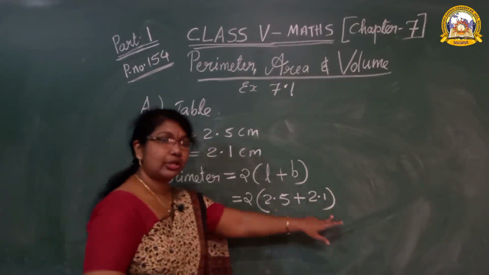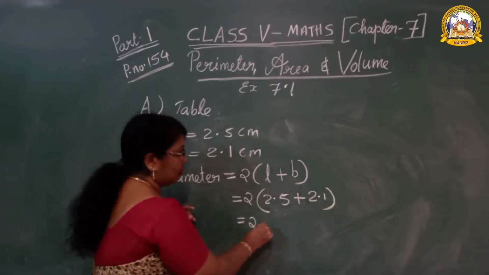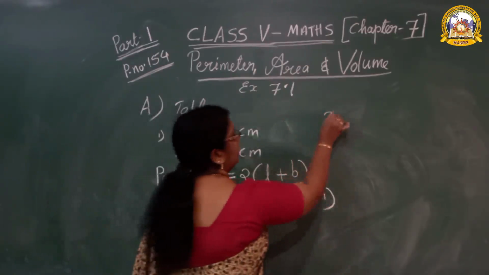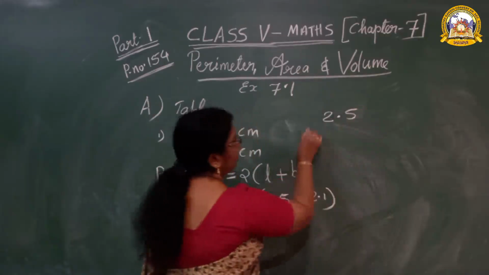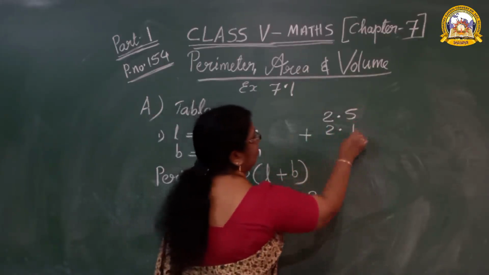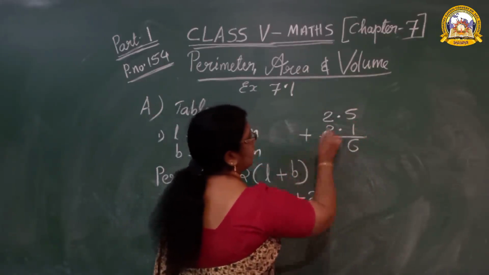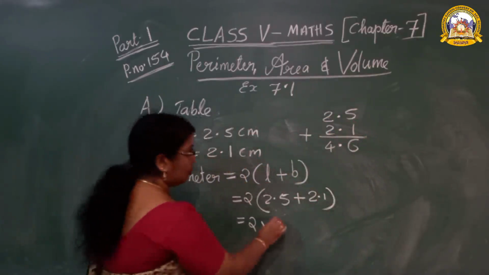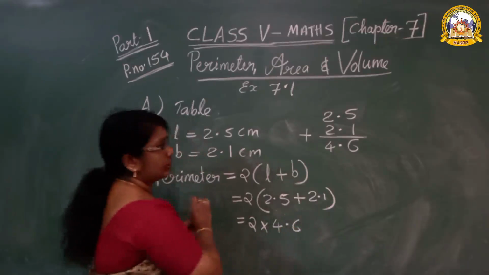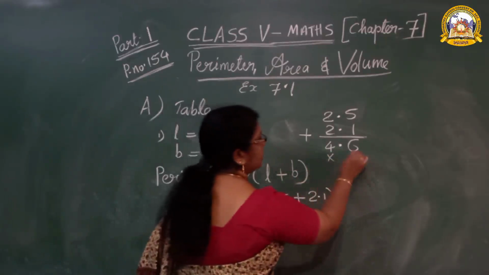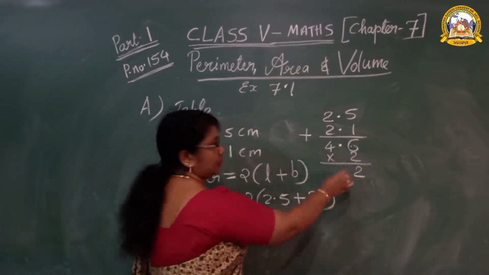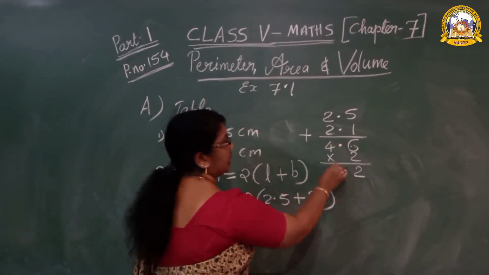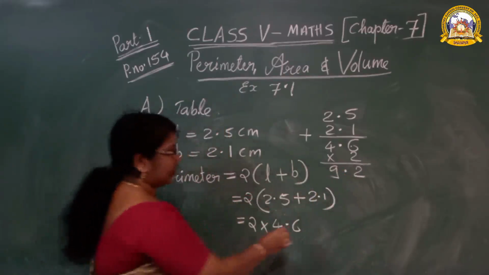First we have to add these two: 2.5 plus 2.1. 5 plus 1, 6, 2 plus 2, 4, so 4.6. 2 multiplied by 4.6. Now 4.6 multiplied by 2. 2 6s are 12. You should keep the point. 2 4s are 8 plus 1, 9. What is the answer?